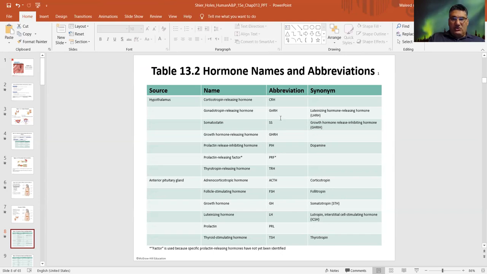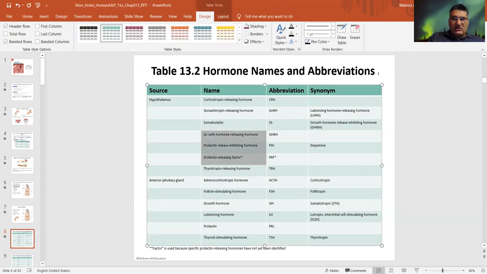The abbreviation for each one of those: gonadotropin releasing hormone, GnRH, and somatostatin. This is something that's going to inhibit growth hormone. So there is a growth hormone releasing hormone and somatostatin. There is a prolactin releasing hormone and there is a prolactin inhibiting hormone. Look at those four. Those four are simply the control of those two secretions coming from the anterior pituitary gland.